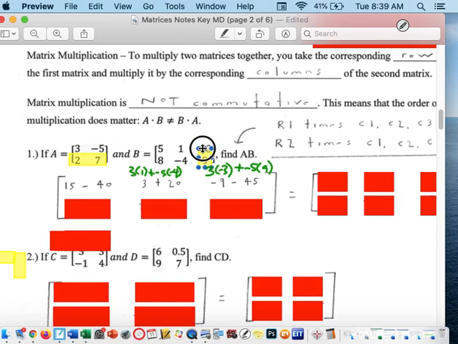that first column then. Right? So 2 times 5 plus 7 times 8, right here.